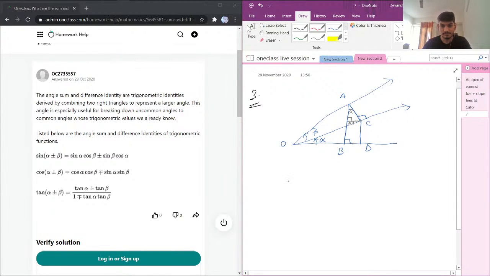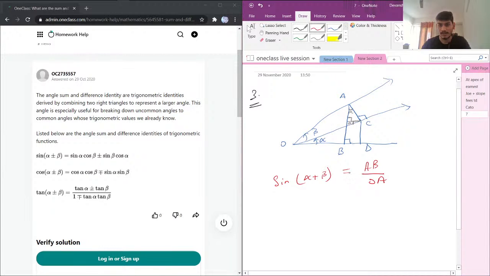Now let's find the sine of alpha plus beta. For sine of alpha plus beta, this whole triangle, the sine will be AB over OA. So sine will be opposite side over hypotenuse.